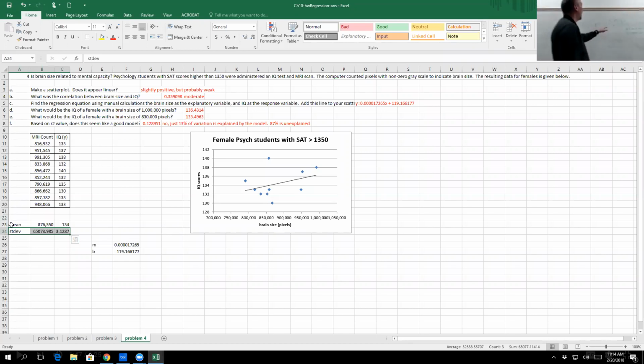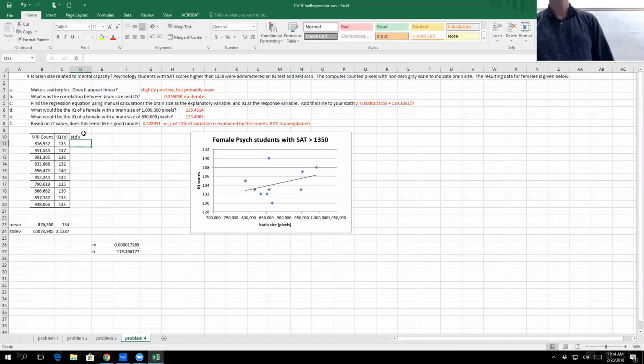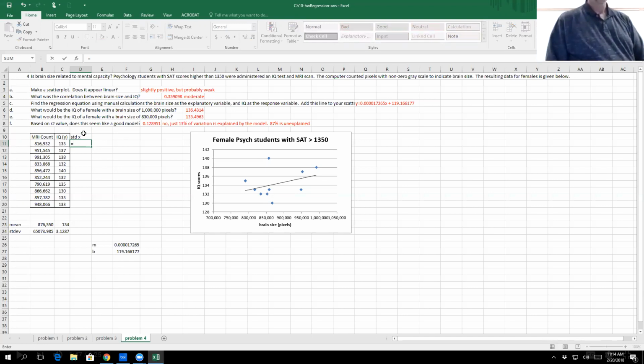Okay, now I can find my standard scores, right? Okay, can you help me do that? I need the standard scores for my x. So I'm going to take, what does x sub i represent? X sub i represents your data.